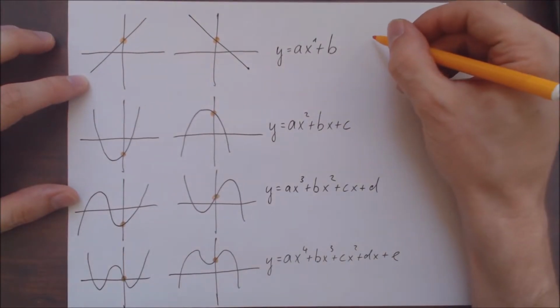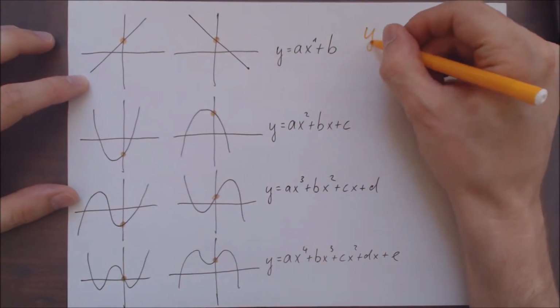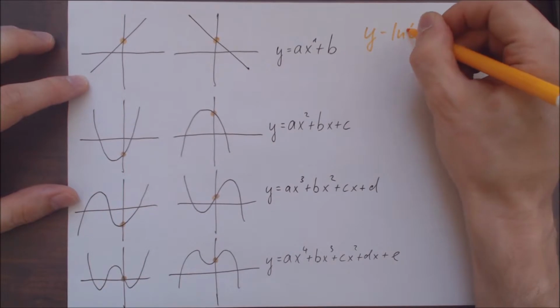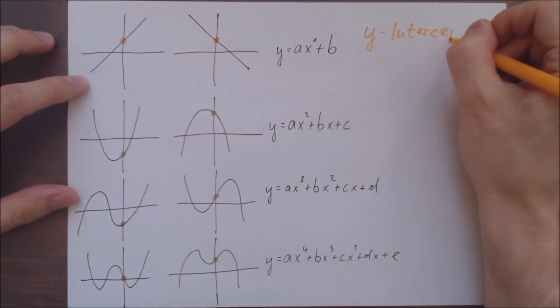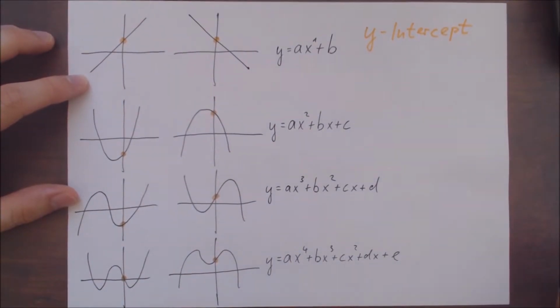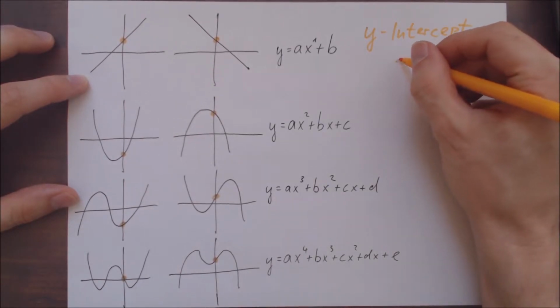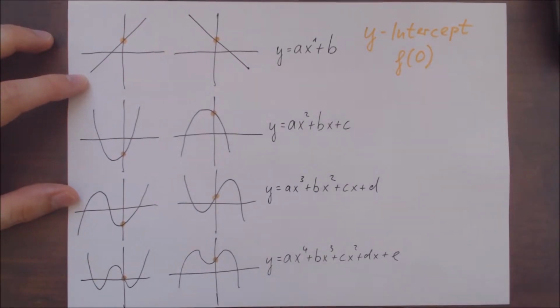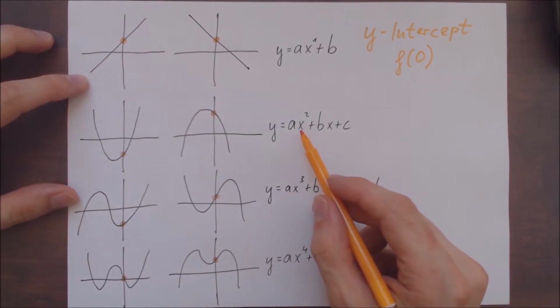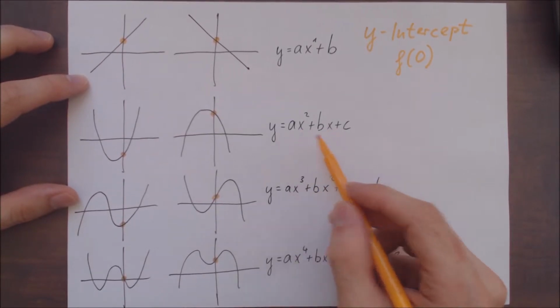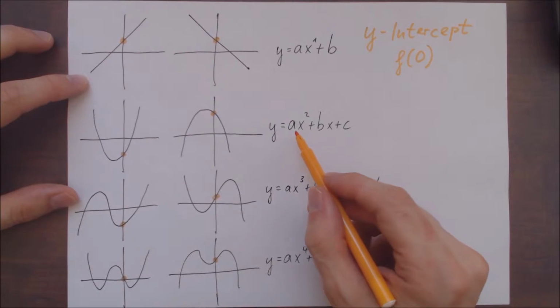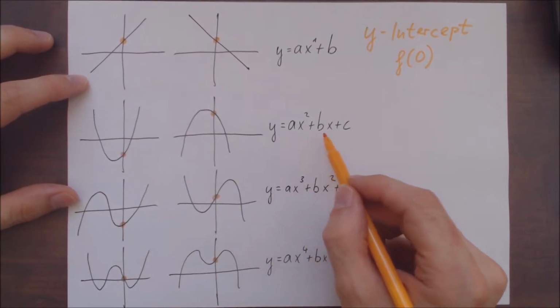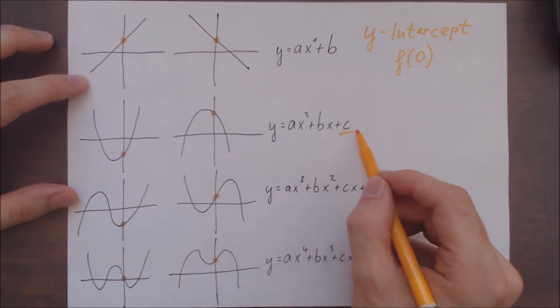So we calculate the y-intercept simply by calculating f of 0. That means if we have the polynomial, we set in a 0 for every x, and then we calculate. What we see then is that this gets 0, and only the c remains.